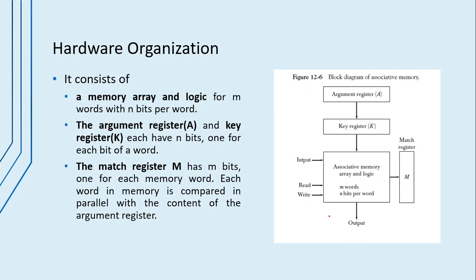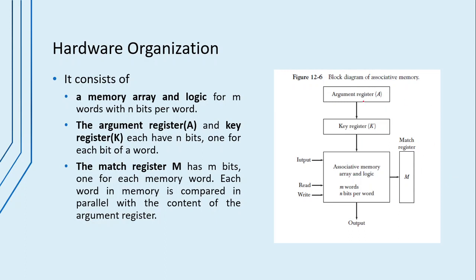Now we will see the hardware organization of this associative memory. You can see the block diagram of associative memory. This associative memory is made up of argument register, key register, associative memory array and logic, and match register.